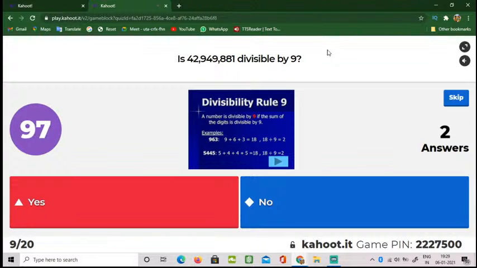So let me read out the divisibility rule again. The number is divisible by 9 if the sum of the digits is divisible by 9. You have two examples there at the bottom. You can just refer to them and then do it.